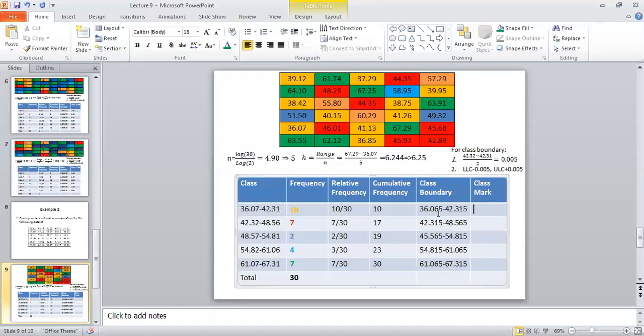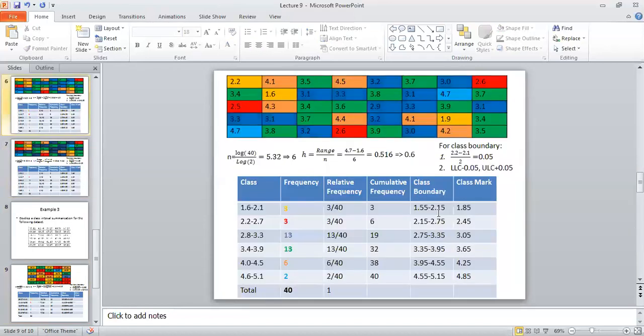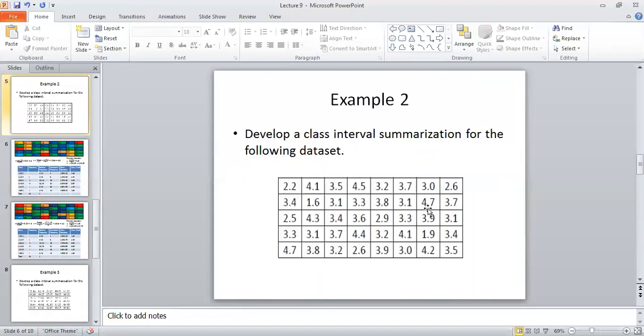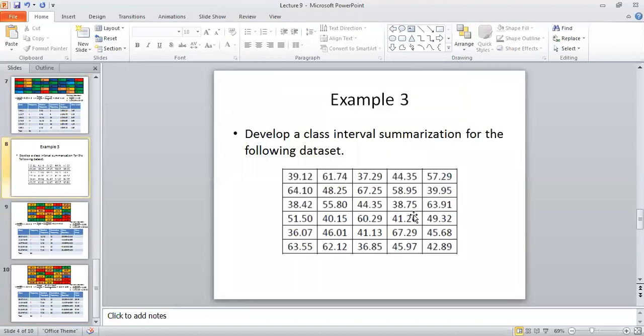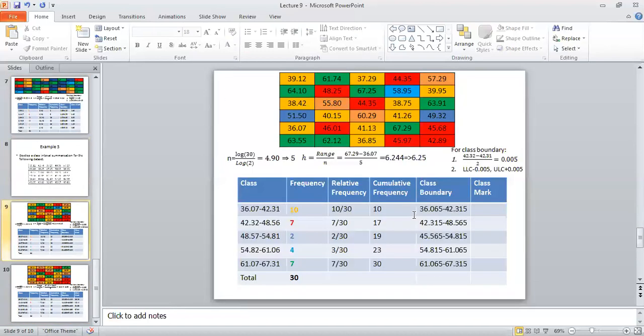In the previous example, our data was precise to 1 place after the decimal, and the class boundary to 2 places. And in the first example, the data had 0 precision, and the class boundary was precise to one place after the decimal. So this is a systematic way of doing things, and it gives us feedback on whether we are on the right track or not.